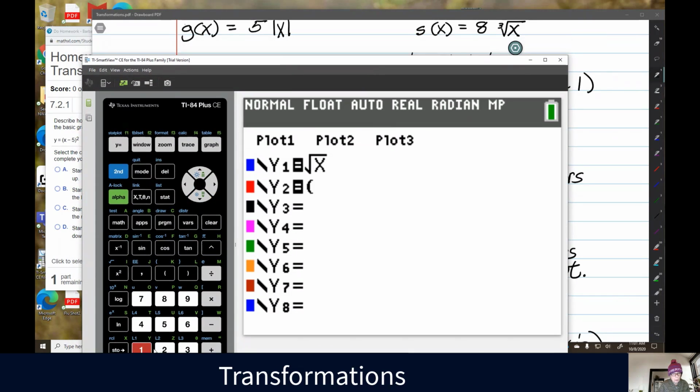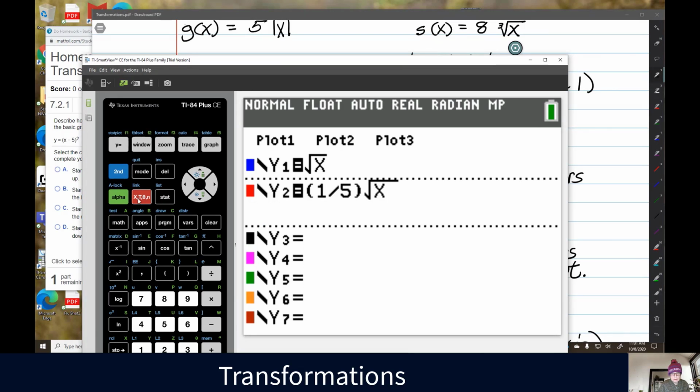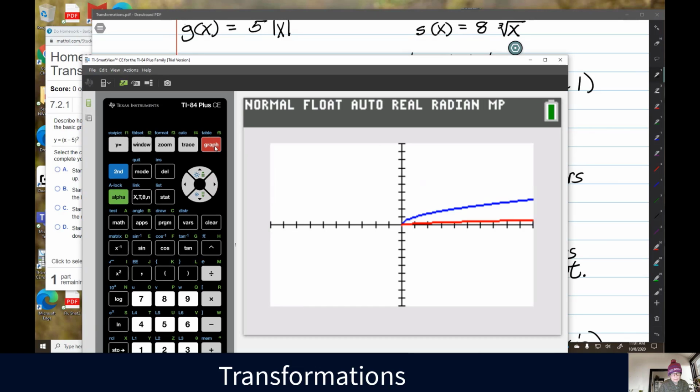So parentheses, 1 divided by 5, times the square root of x. Really flattened it out. Not completely, but it's really close to the x-axis now. The point that was 1, 1 is now 1, 1/5.